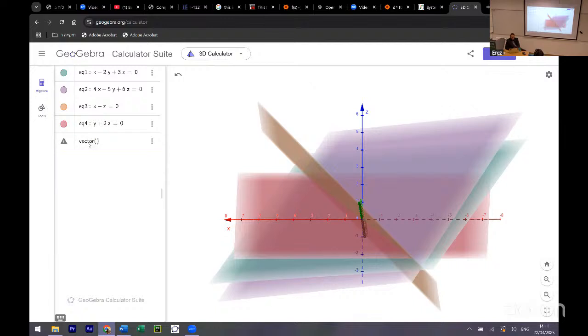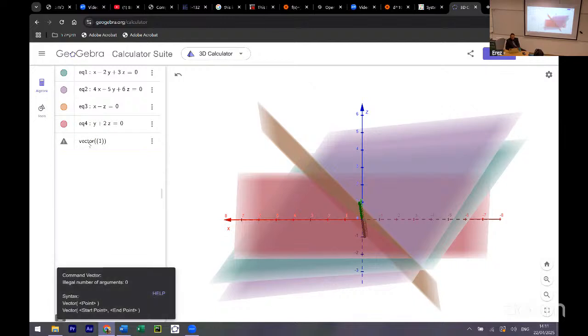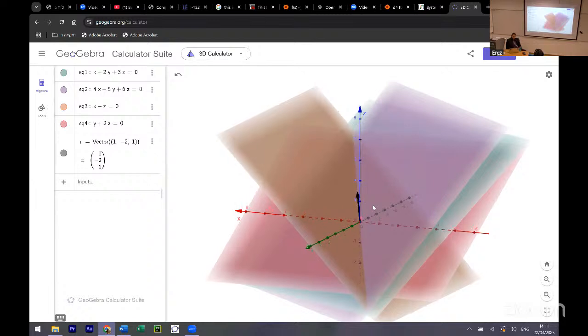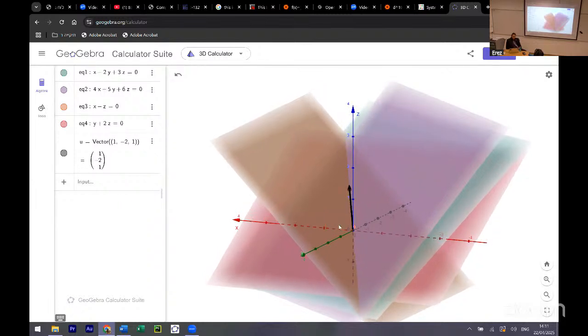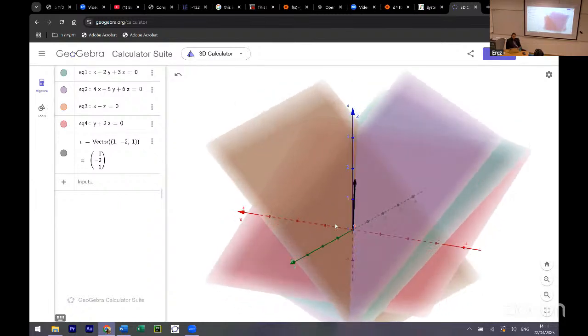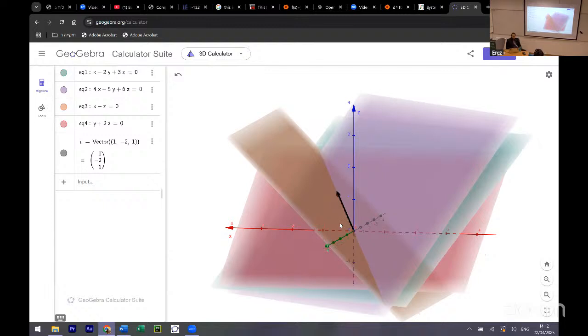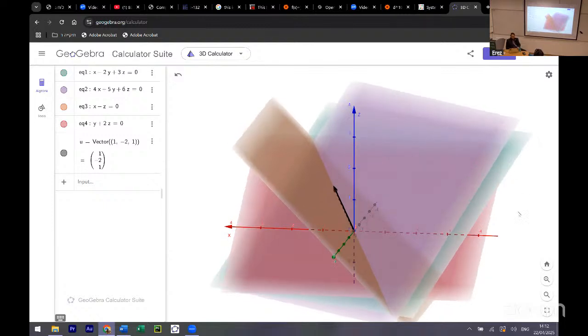And you see that this vector is really the vector that creates the line, which is the solution to the system. We actually found the solution to the system.